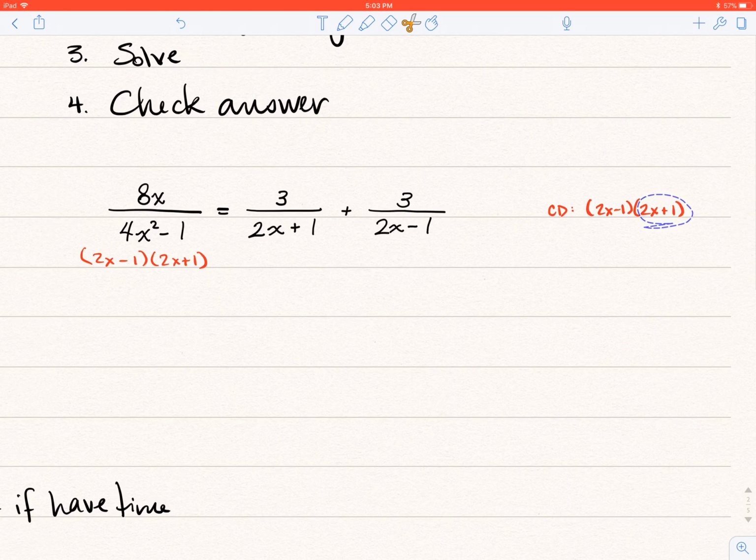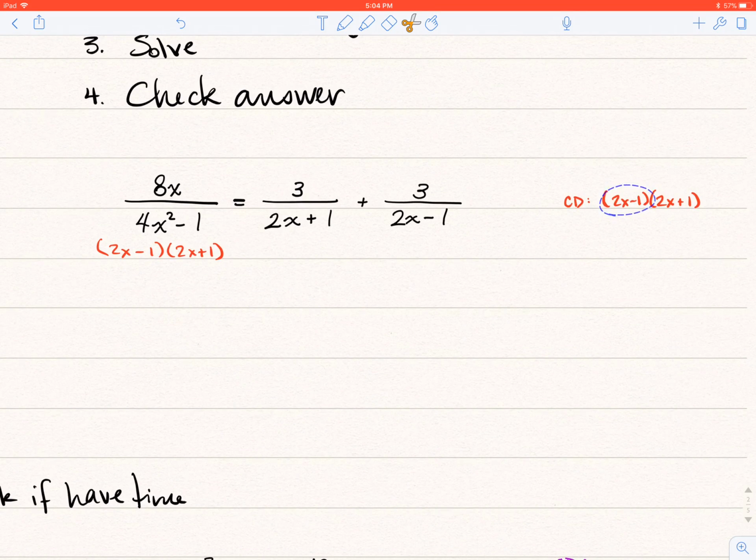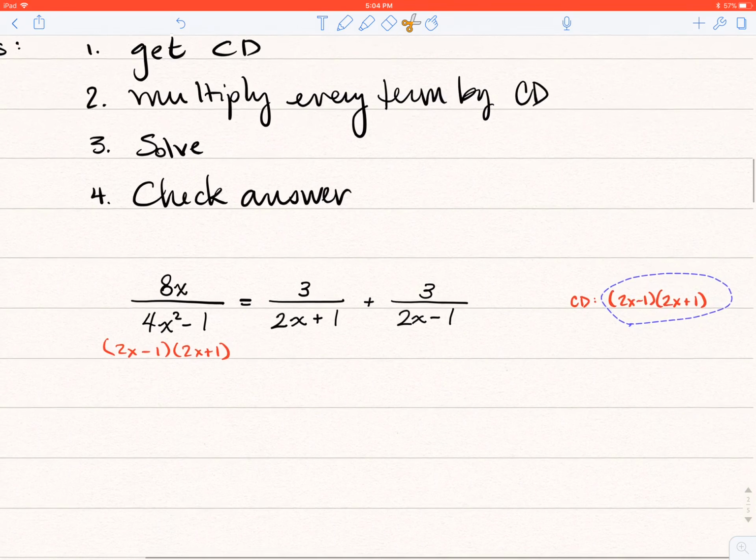So then move to your last denominator and ask the same question. Do I have any repeats of factors? And yes, I've already used that one, so I don't need to use it again. So my common denominator on this question is simply 2x minus 1 times 2x plus 1.